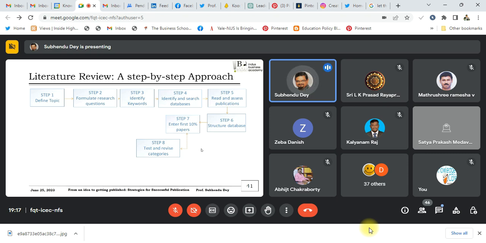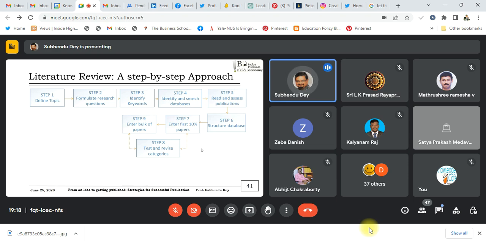The categories, as I told you a while back, could be: where was the research done? When was the research done? Who did the research? What were the types of methods used? What kind of subjects were examined? What were the patterns in the research results, etc. Once you have done all of these, you revise the categories again. And once you're satisfied that all the categories have been covered, then you enter the remaining papers.